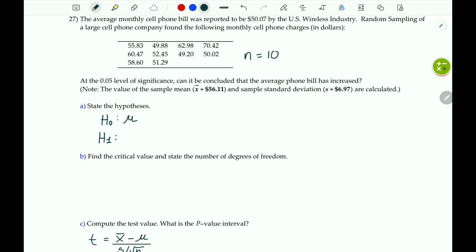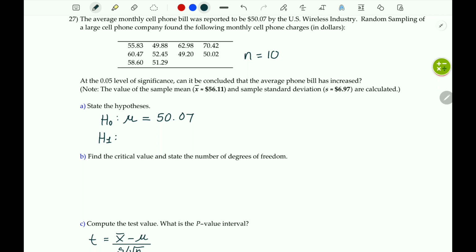When there is no difference between a parameter and a value, that means the parameter is equal to that value. Therefore, mu is going to equal the population average of $50.07.